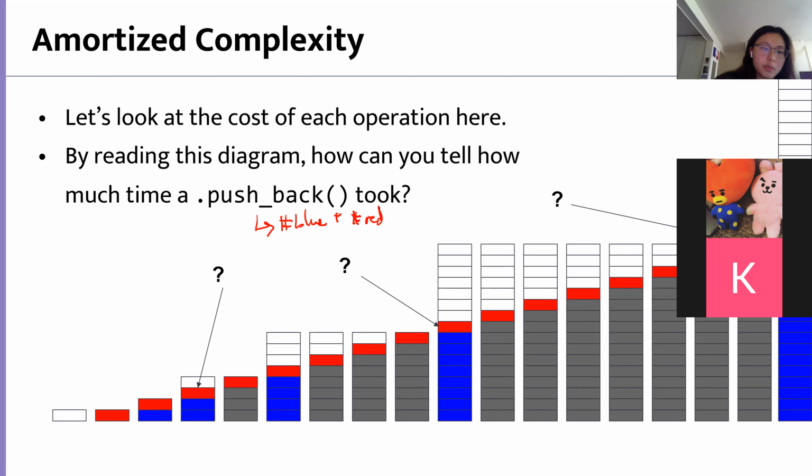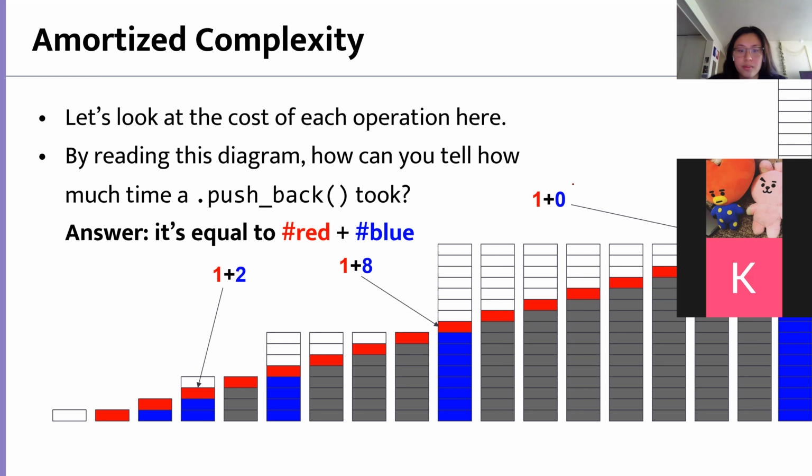So right here, this would be 3. Right here, this would be, hold up, I can't see that. 1, 2, 3, 4, 5, 6, 7, 8, 9. This will be 9. And then I believe the last one over there is just 1, since there's only a singular red element. Yep.